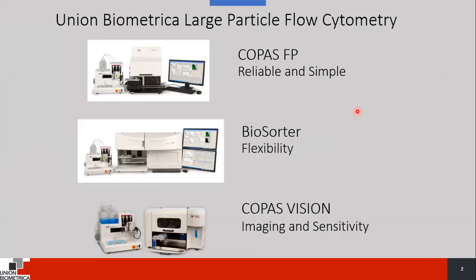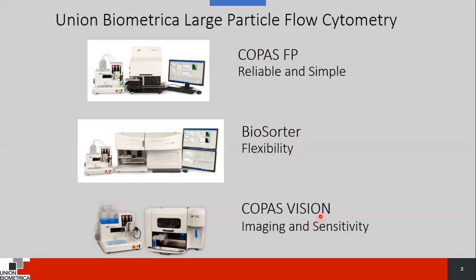So Union Biometrica makes large particle flow cytometers, and we have three different platforms: the COPAS FP, the BioSorter, and the COPAS Vision. Most of the data that I'm going to tell you about, actually all of the data I'm going to tell you about, was collected on the COPAS FP and the BioSorter.